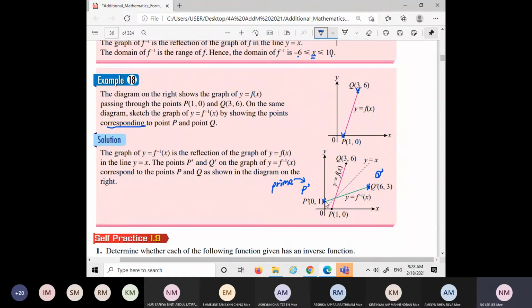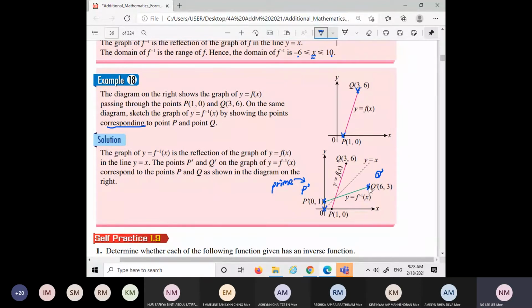Then very simple, just use a ruler and join. So the graph of the inverse is the reflection of the graph of f(x) in the line y equals x. Same thing, you need to have this y equals x. One point is (0, 0) here.